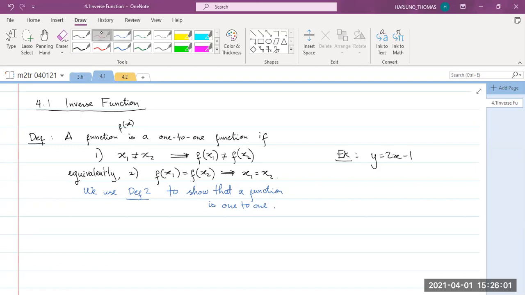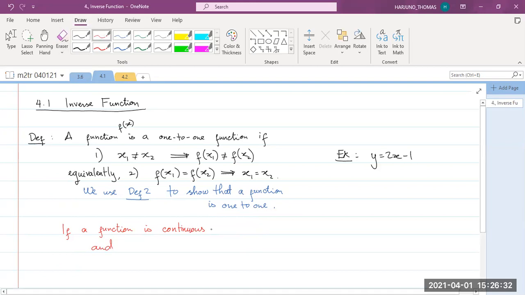Okay, actually you will see one of the consequences from the graph is this. If a function is continuous and, I think I should say, monotonic on an interval from A to B, then the function is one-to-one on that interval.